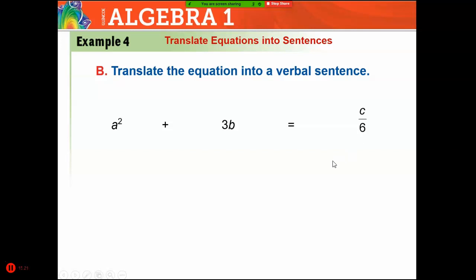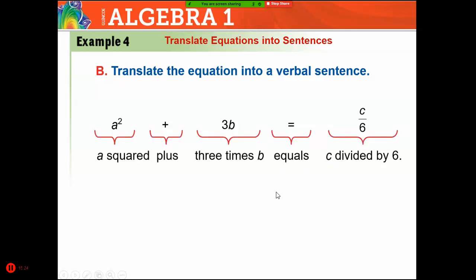C divided by 6. So we could write that out as a squared plus 3 times b equals c divided by 6. Exactly as you'd say it is what you're writing down.